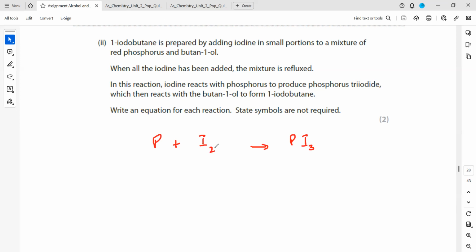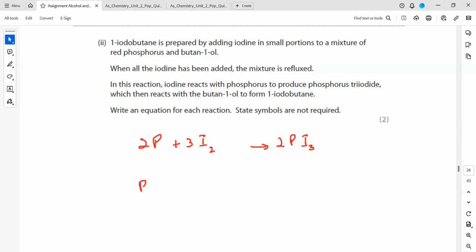Iodine is a diatomic molecule, and phosphorus has a molecular structure, usually P4, but you can write it as an atom, because we then have to write a balanced equation. So if I put 3 here, then it will be 2 and then 2 phosphorus. So that's the first equation.